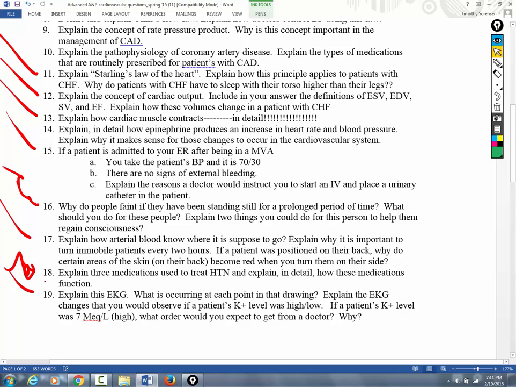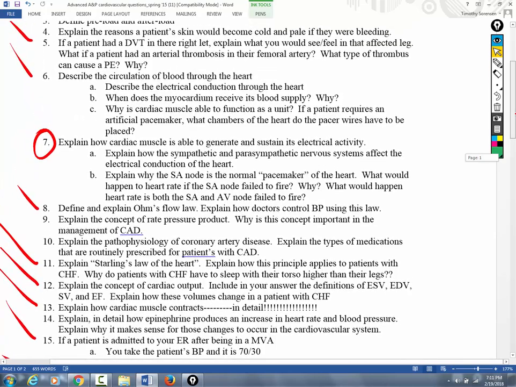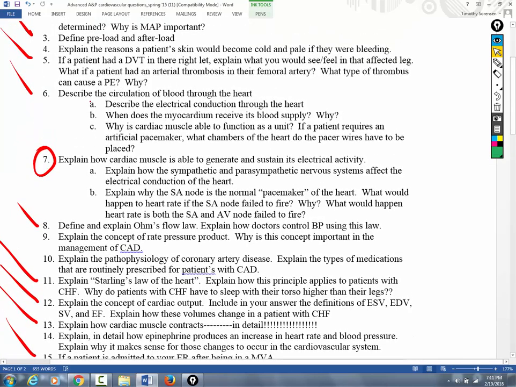So watch. I'm going to explain. I'm going to tell you exactly how I'm going to do this. I'm going to explain now the electrical conduction system through the heart. So I'm going to do 6A. Say yes. That's going to take us into 7A and B. You got me? 7A and B is worth 450 points.